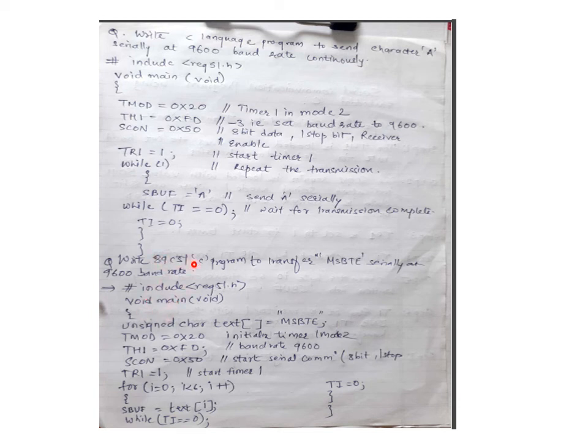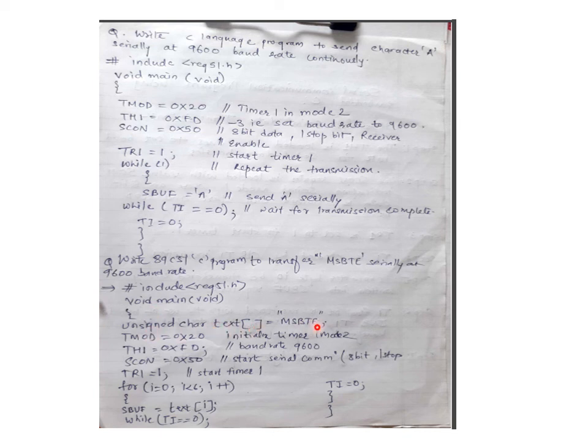So next program is an 89C51 C program to transfer MSBTE serially at 9600 baud rate. So we have to send the MSBTE characters one by one. So here the baud rate is 9600. So #include <reg51.h>, void main(void), then start of the program, unsigned char text.